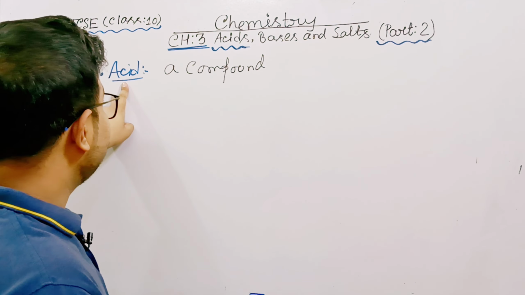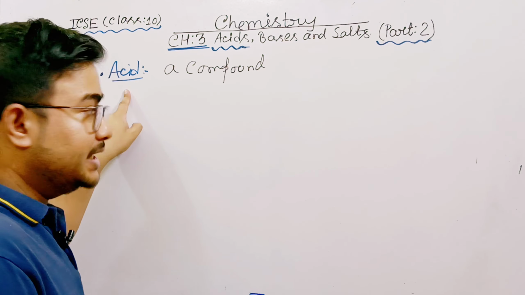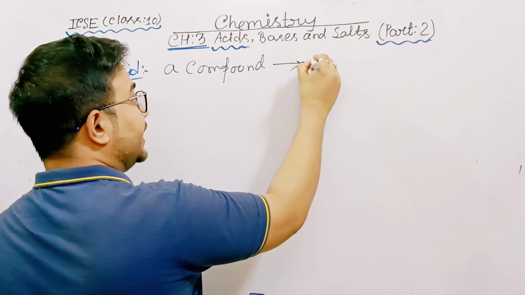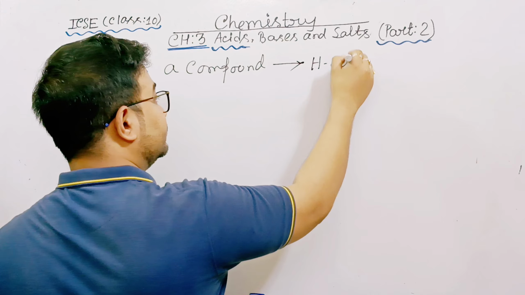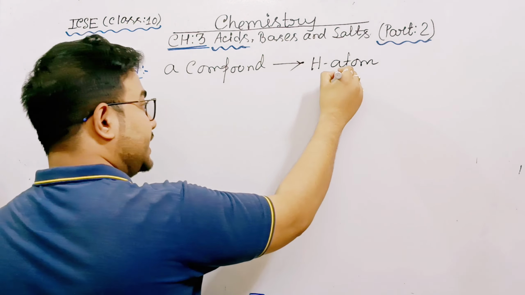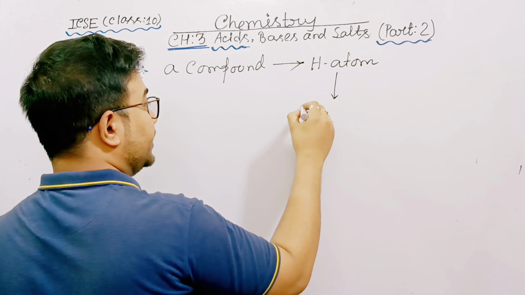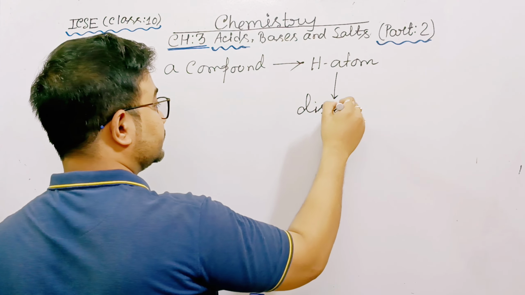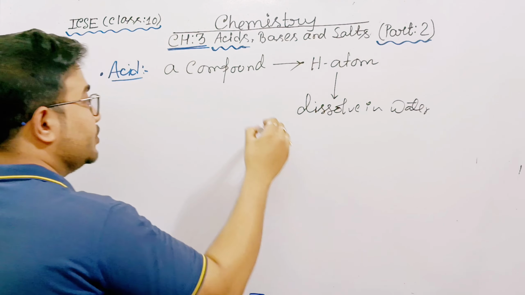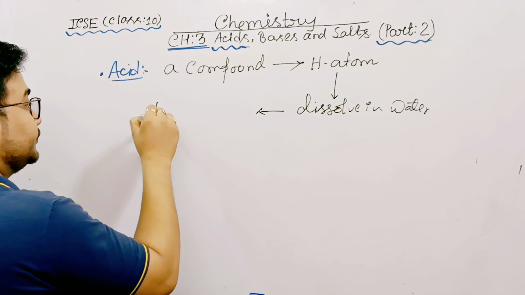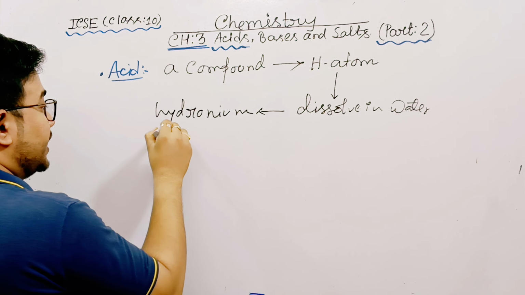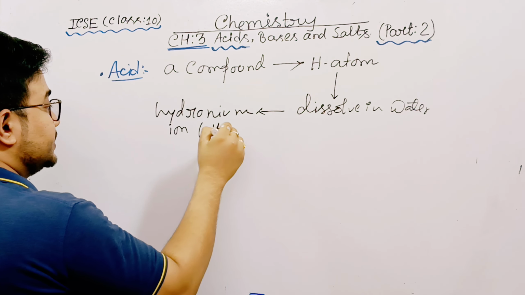So what is an acid? The keyword: acid is a compound that contains hydrogen atom, but this hydrogen atom, when dissolved in water, produces hydronium ion, that is H3O+.